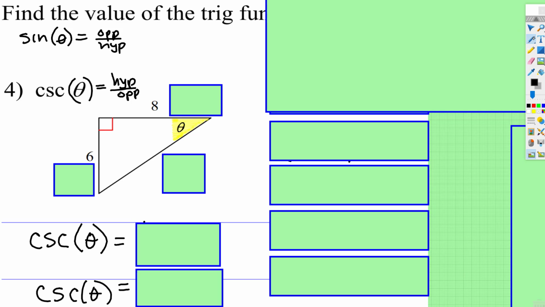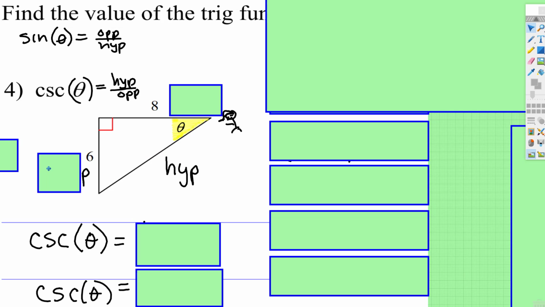Okay, so I'm going to get this out of the way. So notice what I've done. I've highlighted the theta. So from the viewpoint of this theta, somebody's looking at that theta. I do this horribly. This side, the side that's 6 units, is the opposite side. The side that's opposite the right angle is always going to be the hypotenuse.